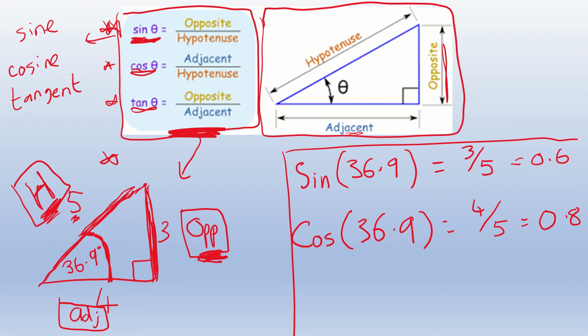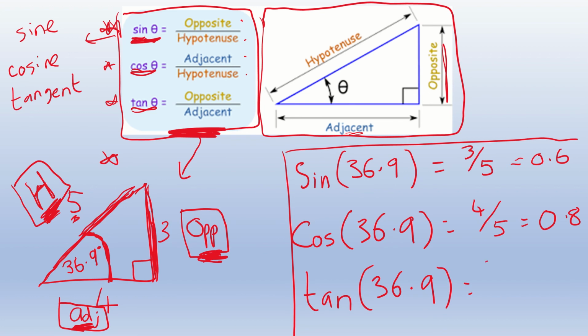Okay, the last one. You'll notice that for sine, you've looked at your opposite and hypotenuse. For cos, you've looked at your adjacent and hypotenuse. And for tan, we're going to be looking at our opposite and our adjacent. So tan of 36.9 is going to be my opposite over my adjacent.